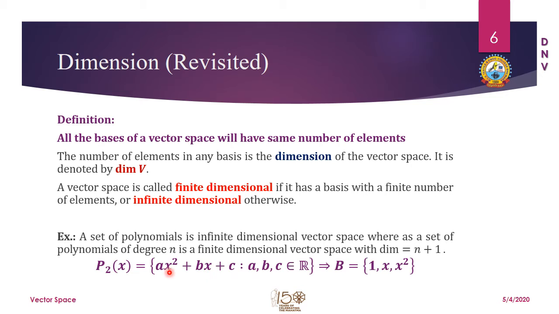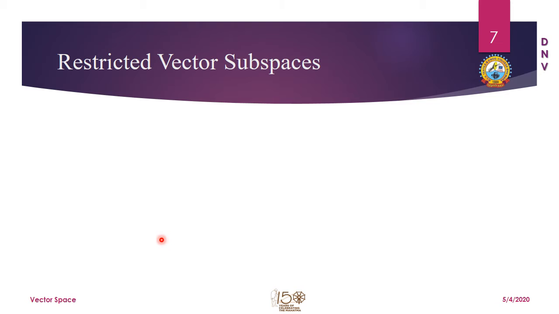All the elements of this set P2(x) can be represented as linear combinations of these three. So this is the best example of a vector space, and the dimension is one more than the degree we require for defining this set of polynomials.